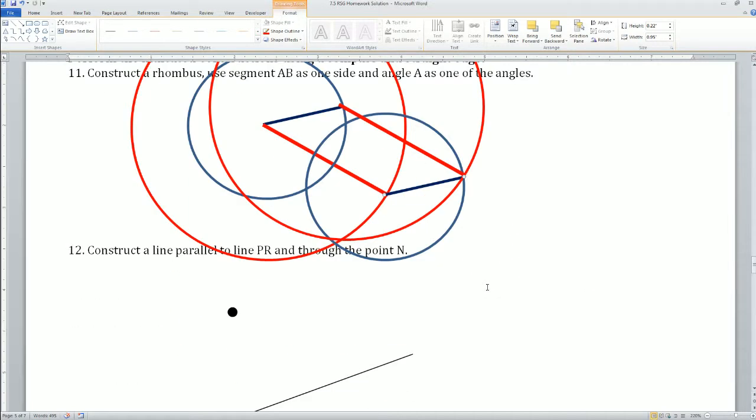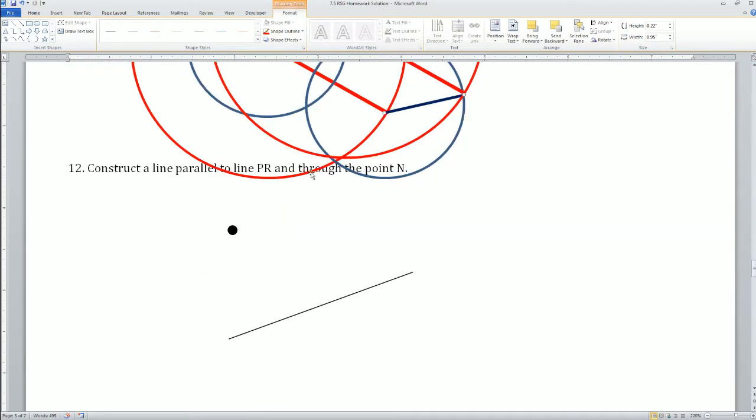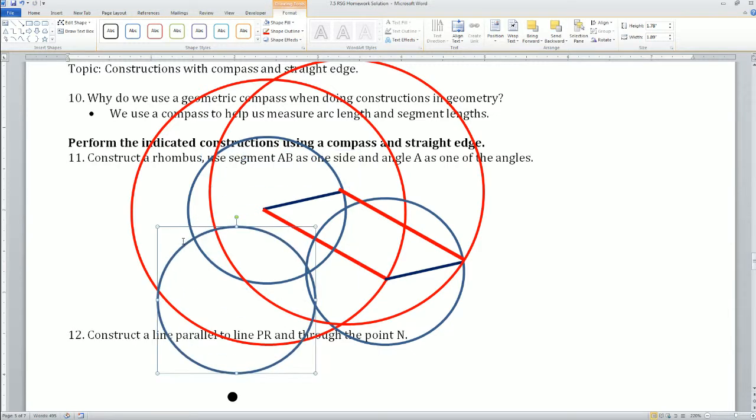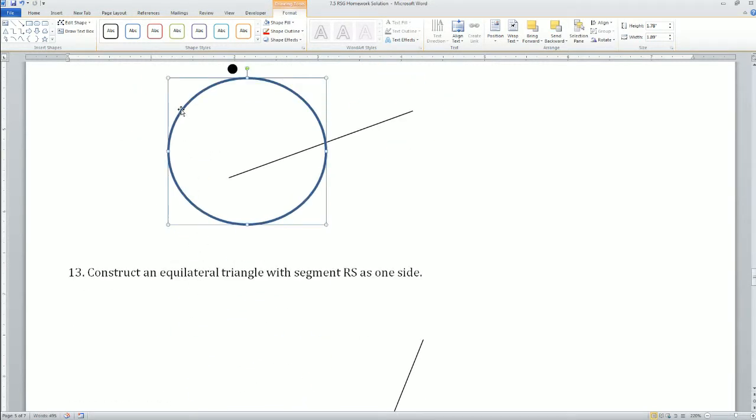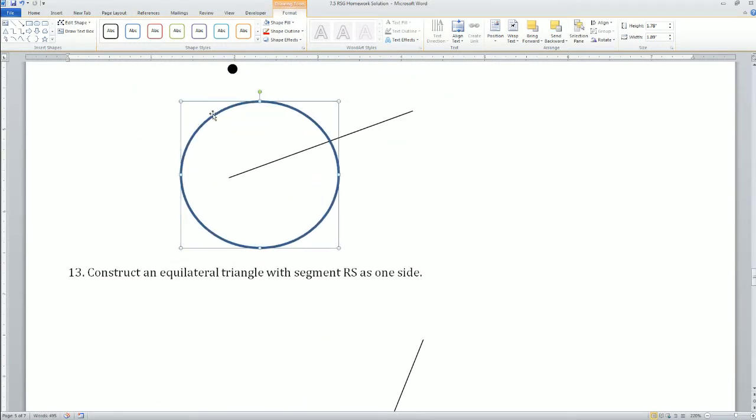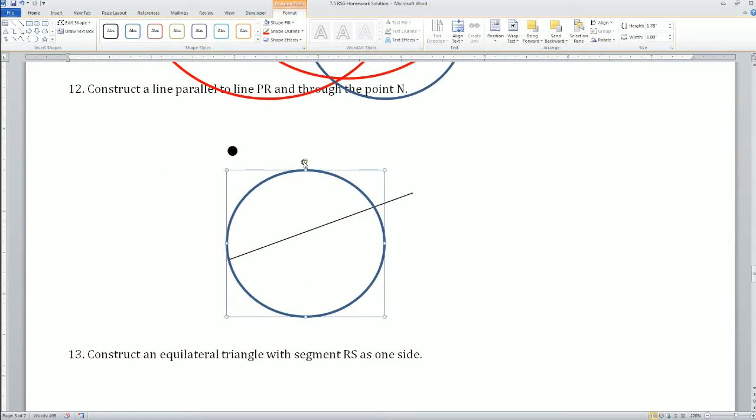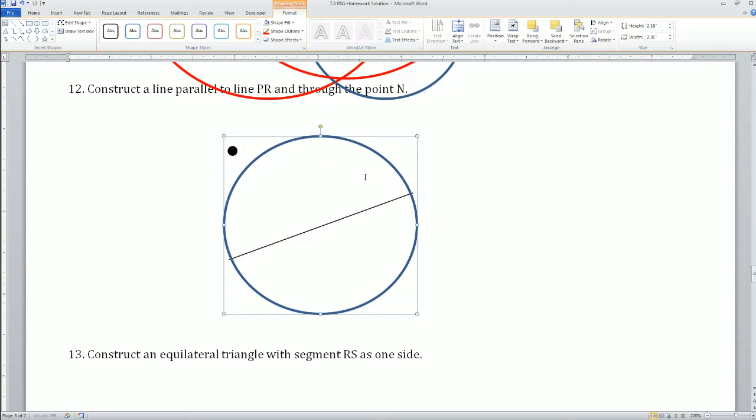Next, construct a line parallel to PR and through the point N. Here's our line, here's this point. From this line, again, you have to construct circles, so I'm just going to grab the circle from up there and bring it down here. That's easy. I'm just going to extend this to make that the entire diameter.